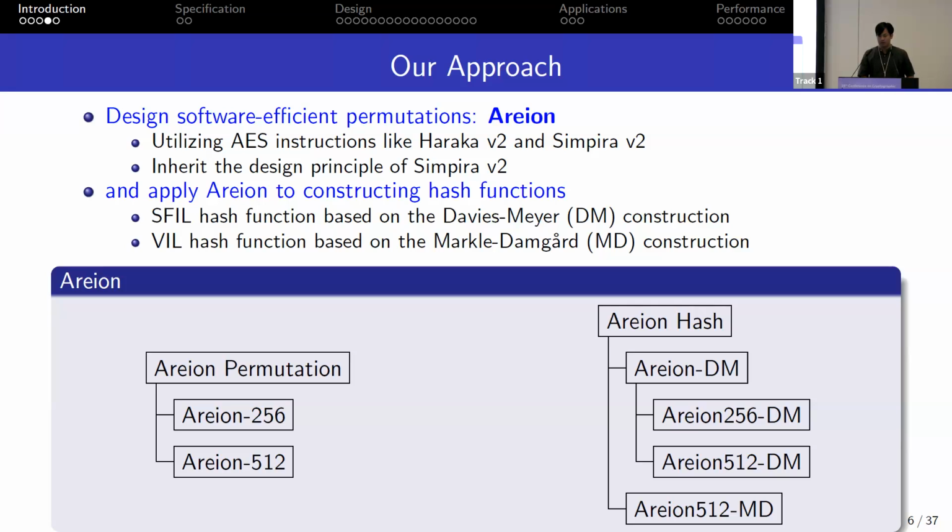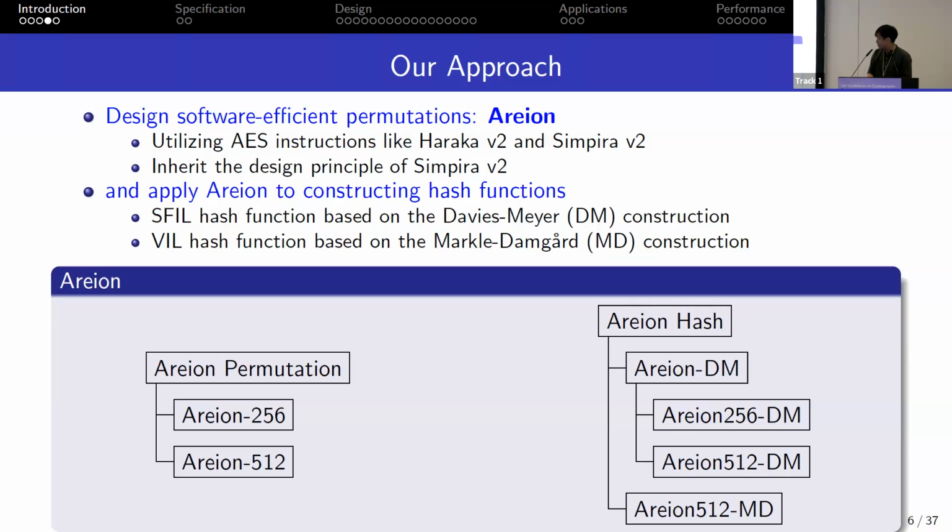Areion uses AES instructions like Haraka v2 and Simpira v2, and it inherits the design principle of Simpira v2. As Areion-based hash functions, we construct 2 types of hash function. One is the SFIL hash function based on the Davies-Meyer construction, and the other is the VIL hash function based on the Merkle-Damgård construction.